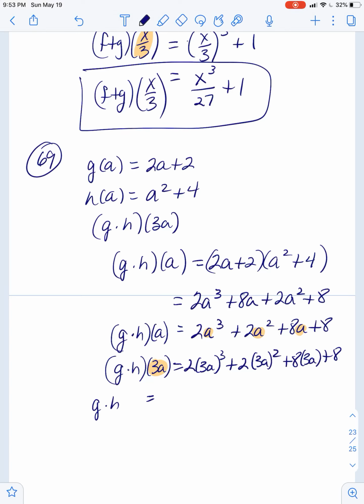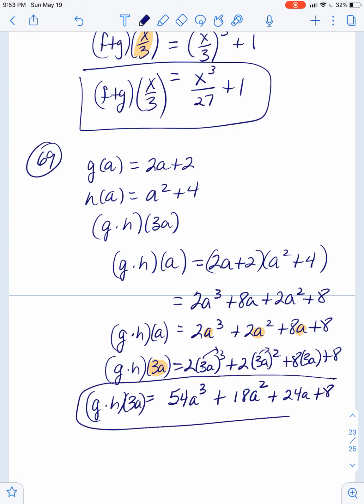And so g times h of 3a would be, so 3 cubed is 27, times 2 would be 54a cubed. Here, 3 squared is 9 times 2 is 18, and then the a is also squared. This would just be 24a plus 8, and that would be my final answer.